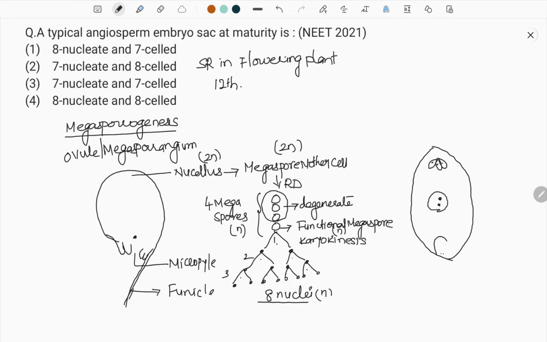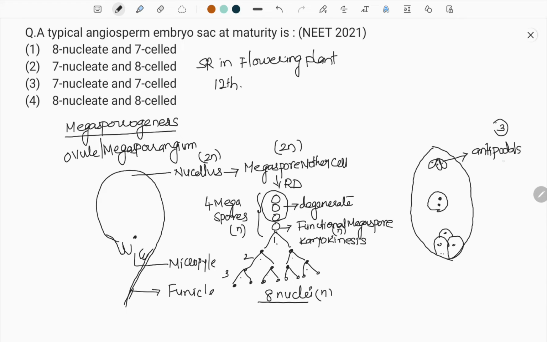They look like this. In the embryosac, we have 3 cells in the lower pole, 2 nuclei with 1 cell in the center, and 3 cells in the upper pole. The 3 cells in the upper pole are called antipodals. They are 3 in number.